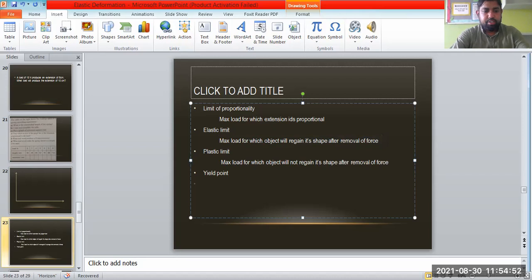Yield point is the one after which the object breaks down. Okay, so you can simply define those.